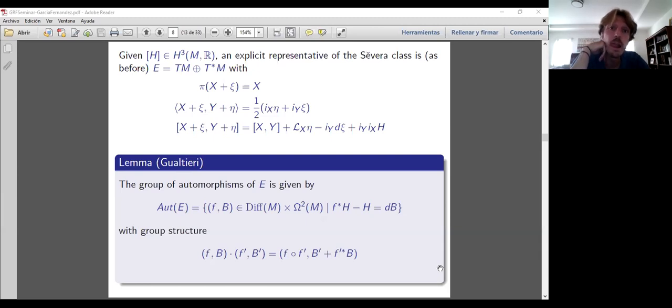So with the formula that I showed you before, you can easily calculate the group of automorphisms of an exact Courant algebroid as follows.